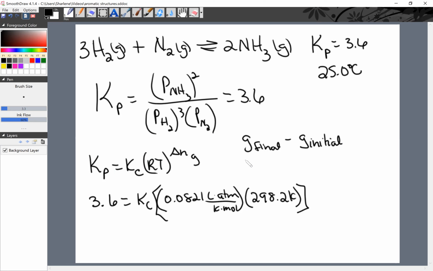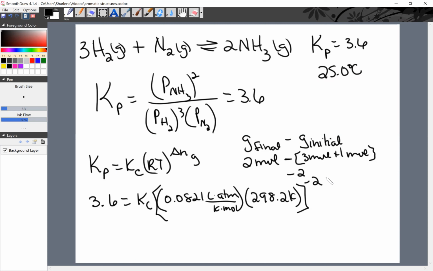Now the change in the moles of gas is the gases final minus the gases initial. And so I have 2 moles as the product, and I have 3 moles plus 1 mole. And so 2 minus 4 is a -2, and so that's what I raise this equation by. The only time they're going to be equal is when there's an overall no net change.